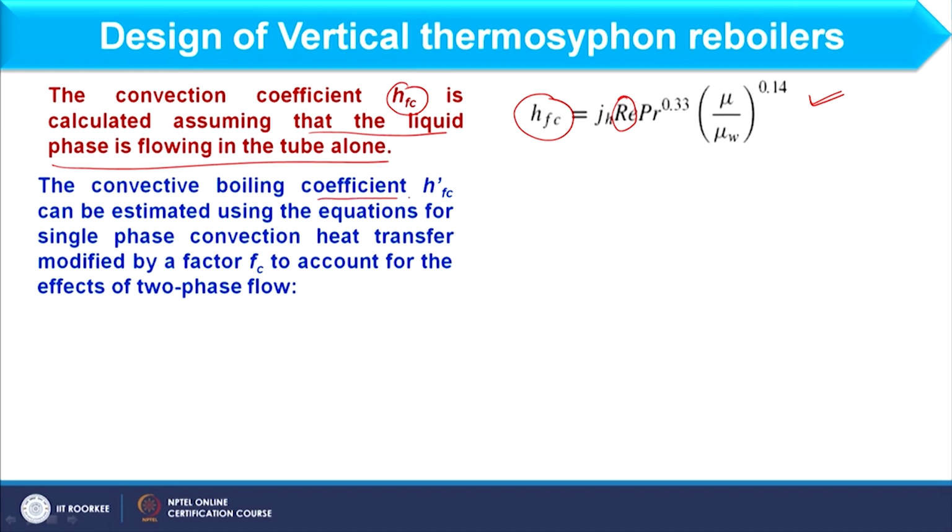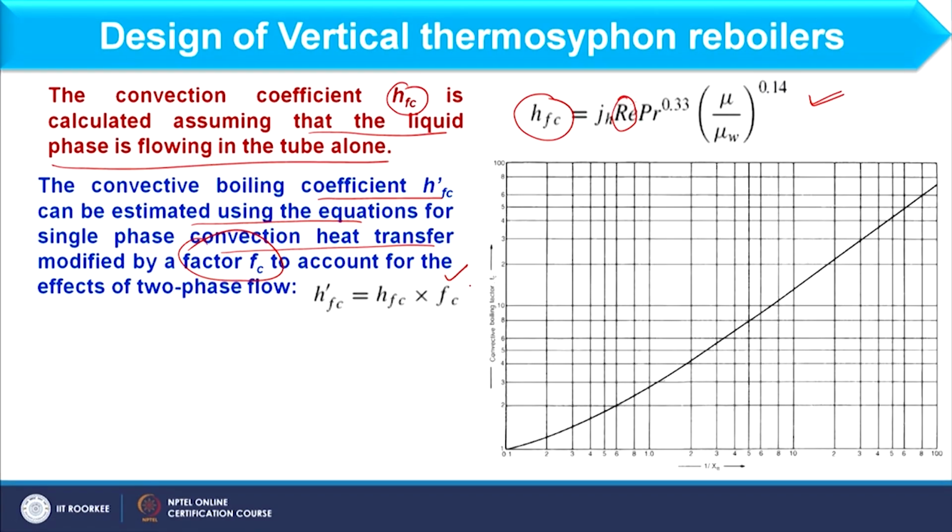The convective boiling coefficient HFC dash can be estimated using the equation for single phase convection heat transfer, and that should be corrected by the factor FC to account for the effect of two phase flow. So, HFC dash is equal to HFC into FC.